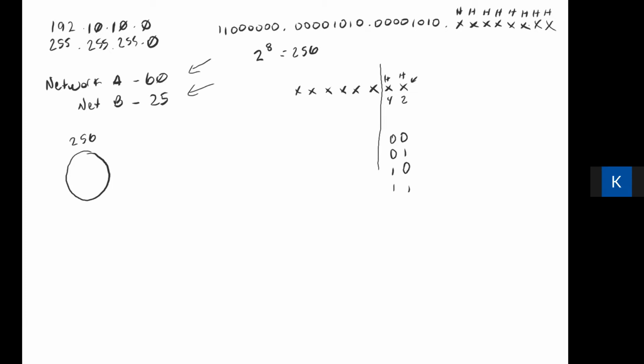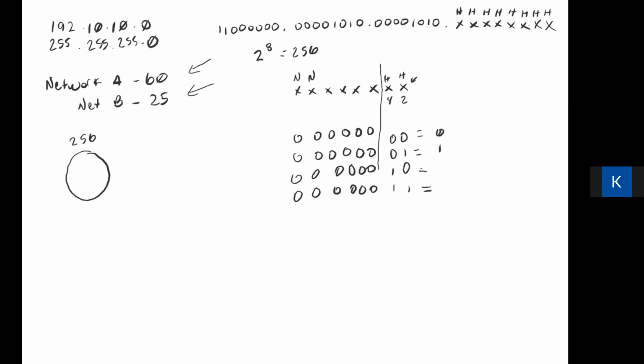Since we're trying to figure out how many bits we need to create IP addresses for devices on the network, we're starting from the right. Everything that's part of the network is going to have a 0. And if we converted this to decimal, we would get the numbers 0, 1, 2, 3. And that's all we can do with 2 different bits.